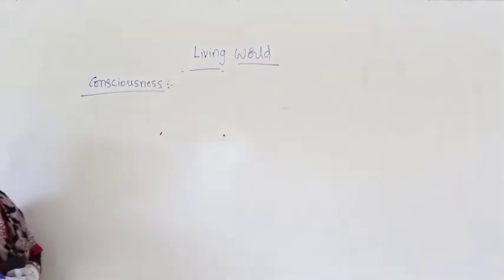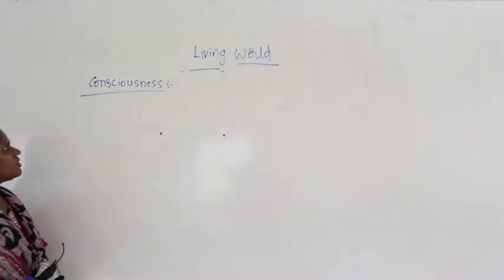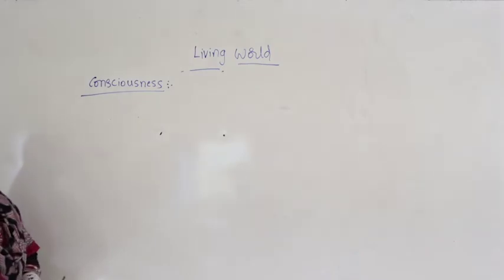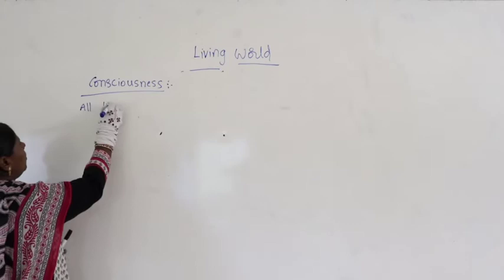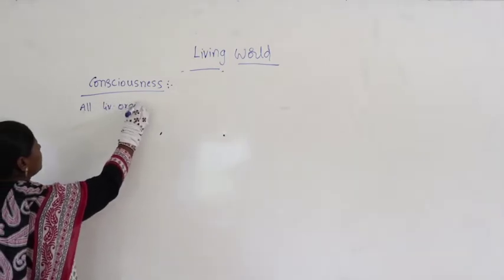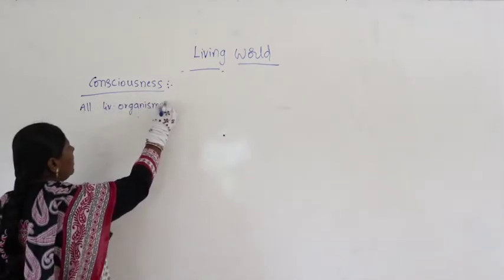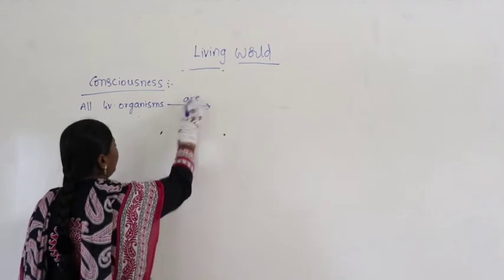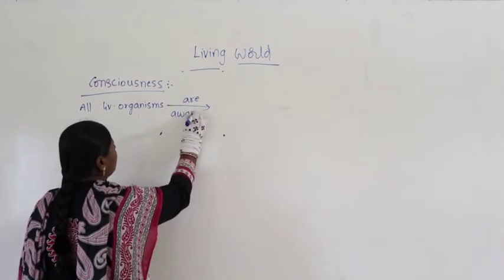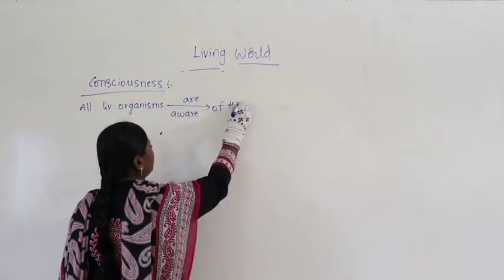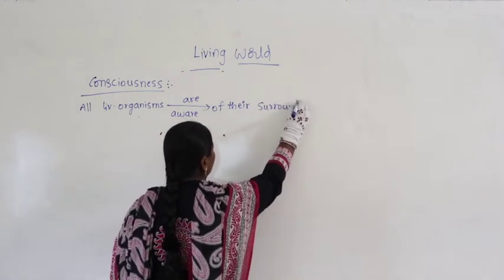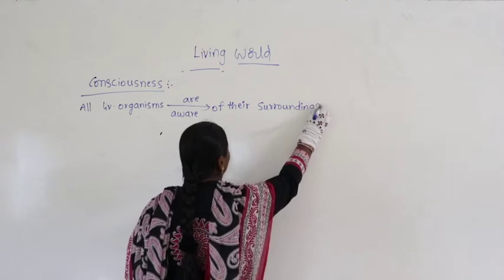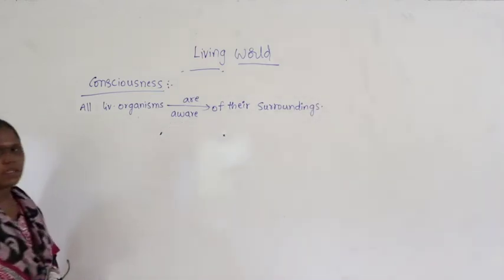The next parameter, it's nothing but what? Consciousness. What's the meaning of consciousness here? So here we say that all living organisms are aware of their surroundings. Okay, what do we say?